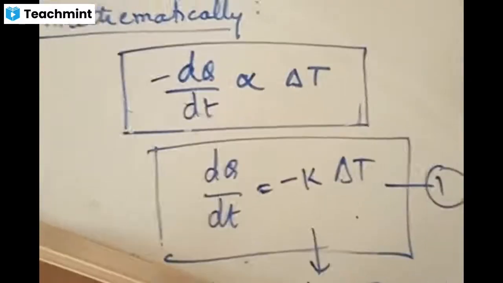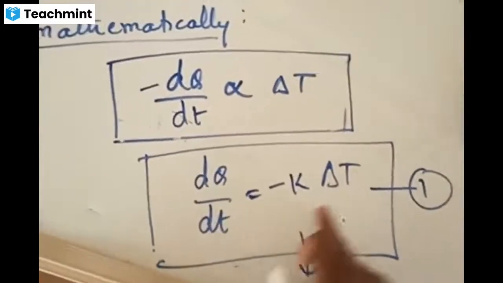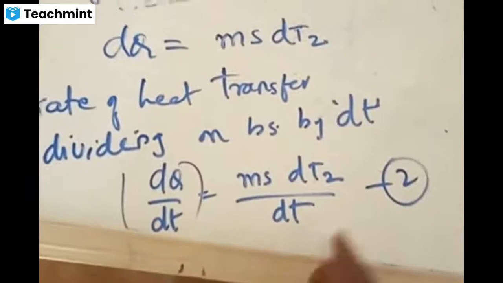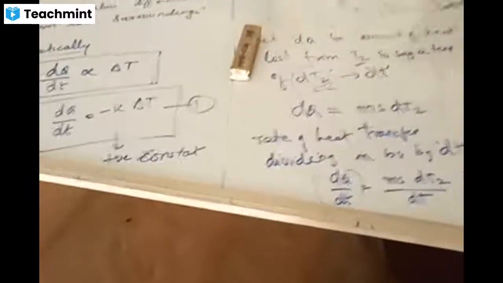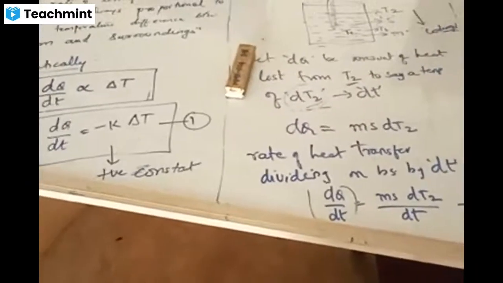You can write, right? Equation 1 is dQ by dt is minus k delta T. Equation 2 is dQ by dt is equal to m s dT2 by dt. Now the LHS is the same in both equations, so the RHS can be equated.